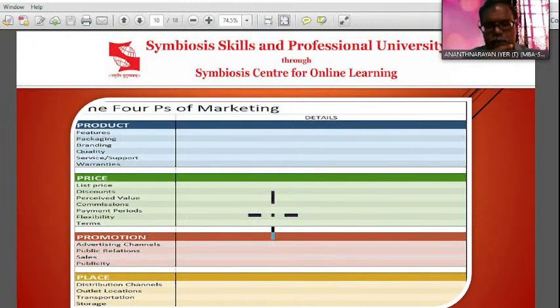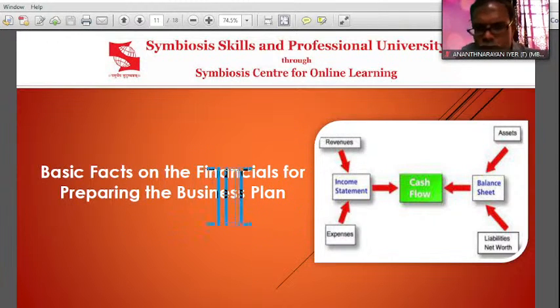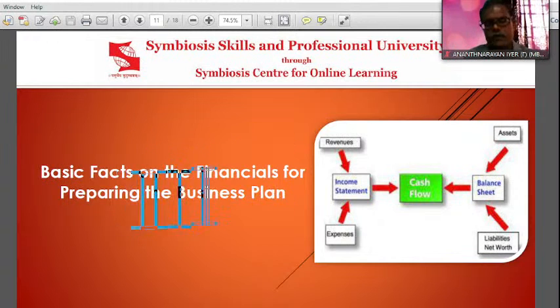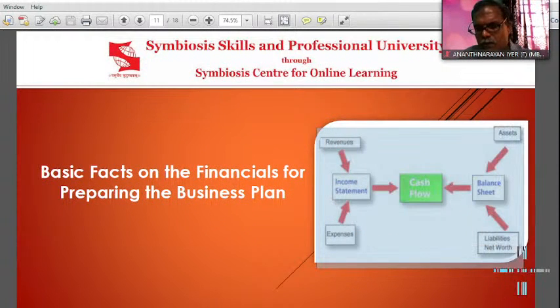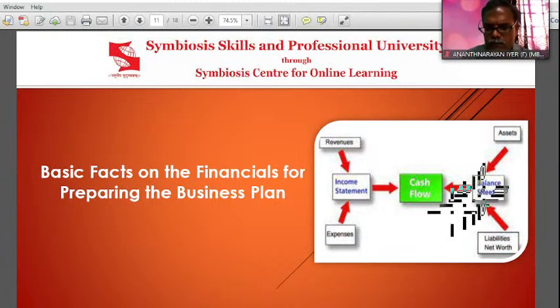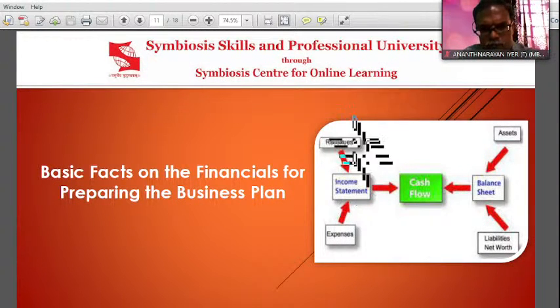Okay? So this is cash flow, as I said, business plan: basic facts on the financials for preparing the business plan. So this gives in a nutshell all the three terms which we have discussed right now. Income statement, cash flow and balance sheet, right? Balance sheet talks about assets, liabilities and net worth, and income statement talks about revenue and expenses.